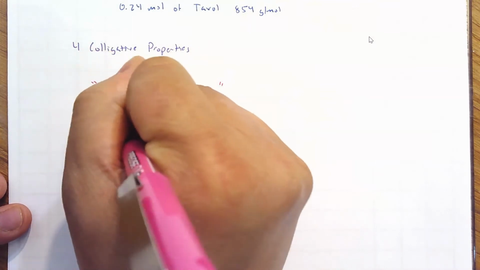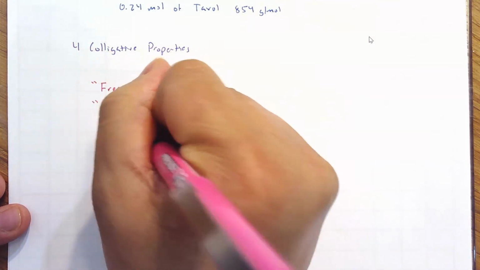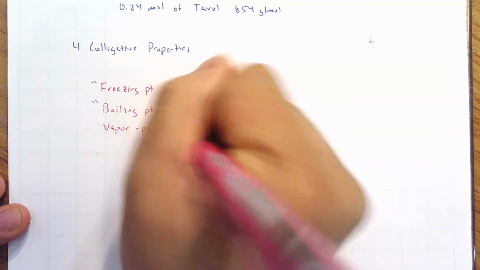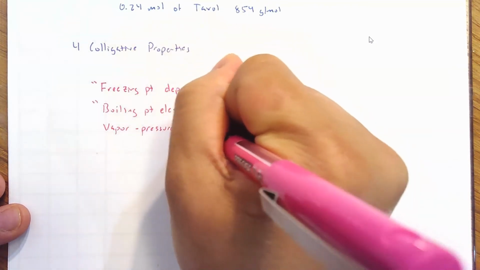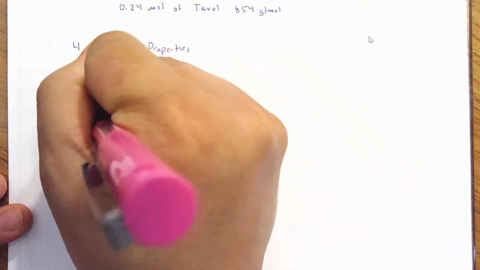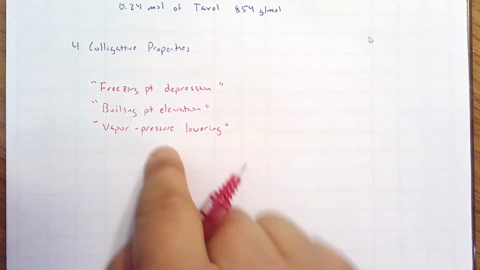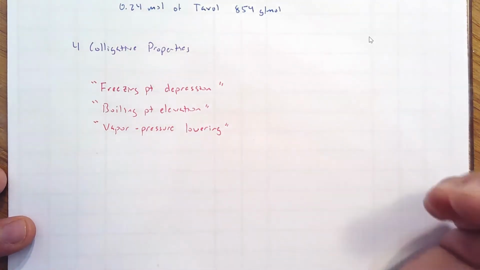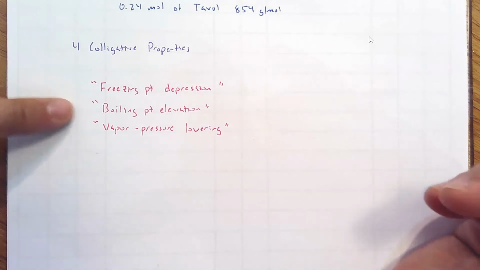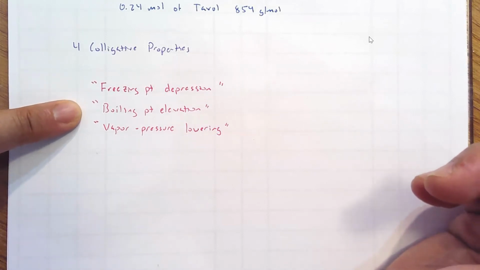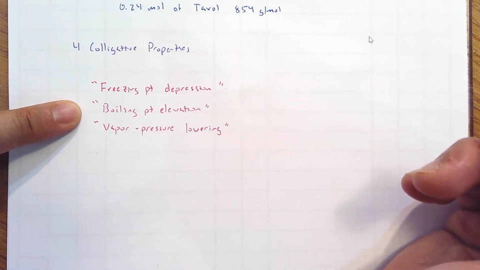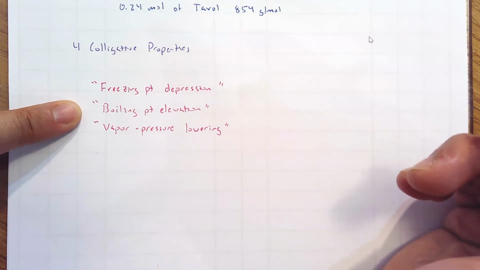What about vapor pressure? Vapor pressure lowering. We won't use depression; we'll use lowering. Does that make sense? Remember that phrase that I talked about maybe a couple of videos ago?